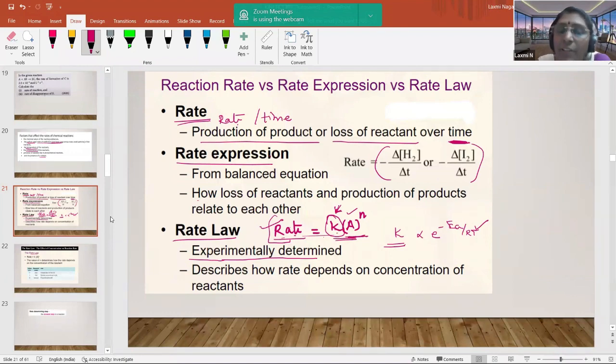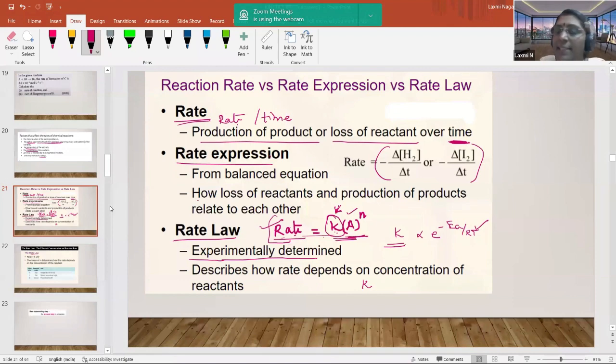And at this point of time, you keep telling that the K depends only on temperature and it does not depend on concentration or pressure or any other factor, like the equilibrium constant. So it is a recollection of the equilibrium concept also, that the K value, equilibrium constant or the rate constant here, will depend only on temperature, will change with change in temperature and with nothing else.